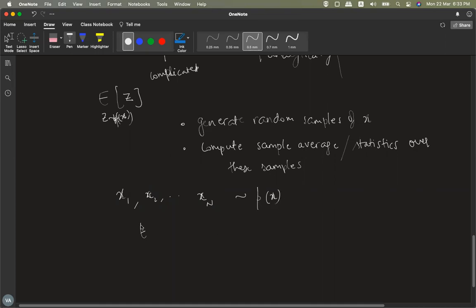Then my expected value of x, which was originally the integral of x p(x) dx, can be approximated as 1 upon capital N times the sum of x_s over all s.